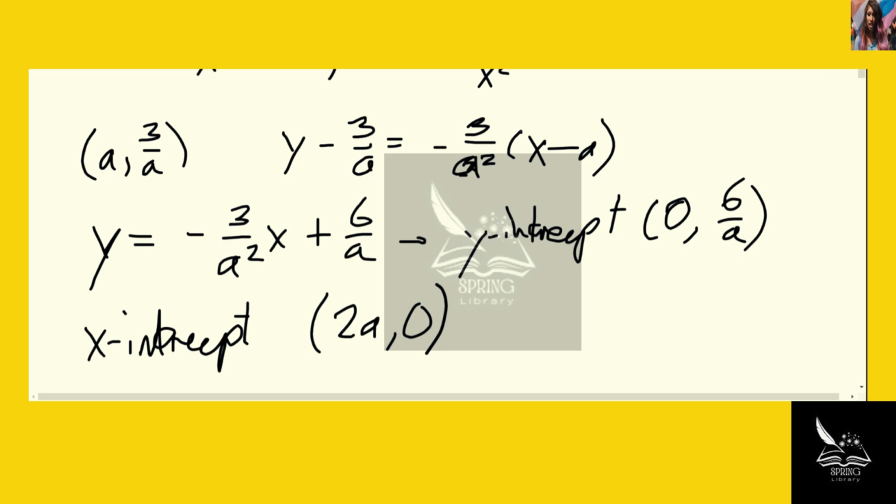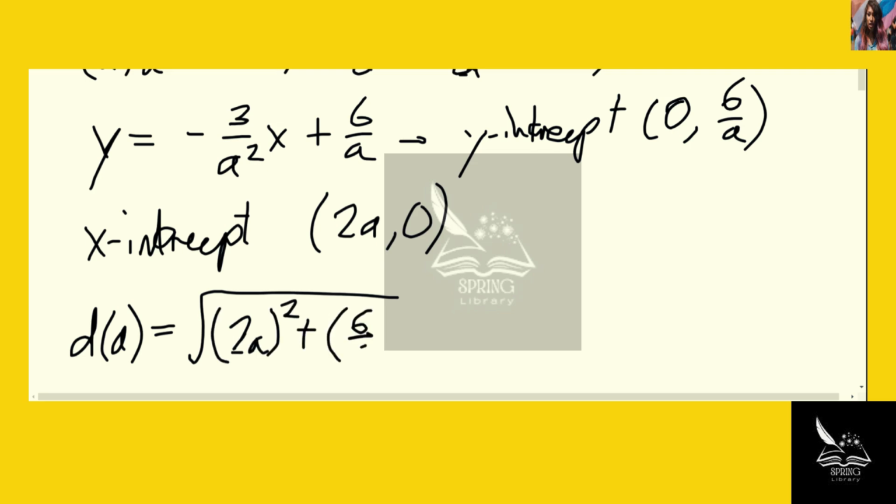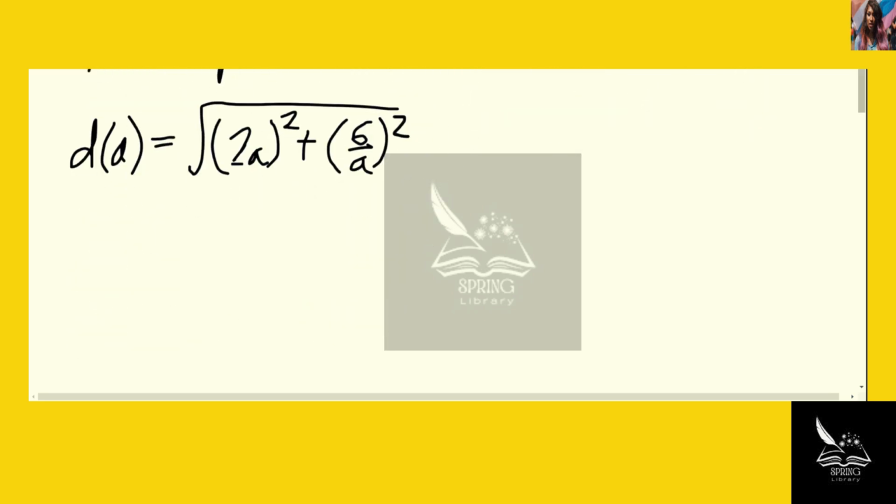Now the distance from the x-intercept to the y-intercept as a function of a, I'll call it d. This is the square root of the difference of x-coordinates, which is 2a squared, plus the difference in y-coordinates, which is 6 over a squared. Now, we know that this distance is minimized when its square is also minimized.